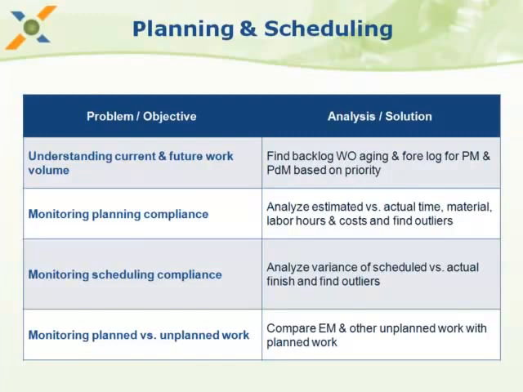So some of those things can be analyzed while we are planning and scheduling. Also, whether planners are doing their job well, you can monitor their efficiencies, and also figure out whether our planning compliance is in line.